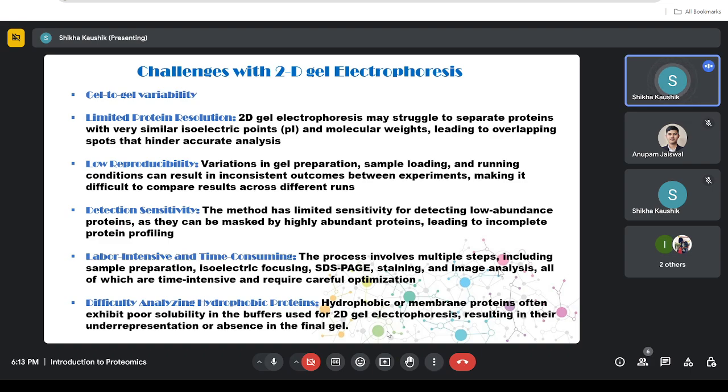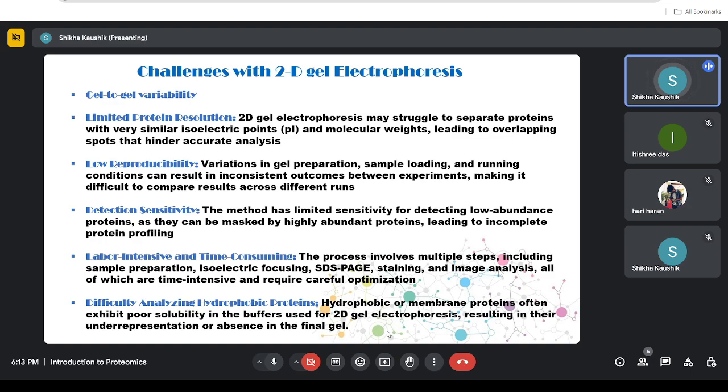These are the challenges one faces while doing two-dimensional gel electrophoresis. Despite using fresh buffers and trying to reproduce the same conditions, you may have variation from gel preparation, sample loading, and others.